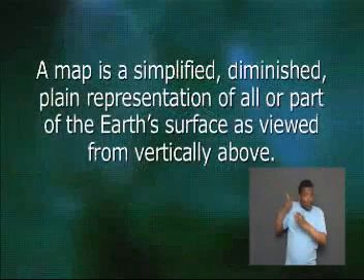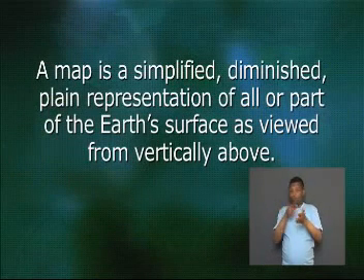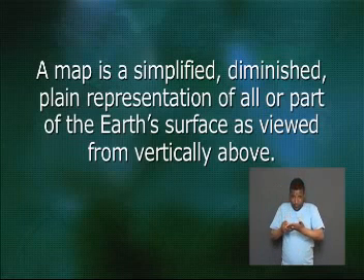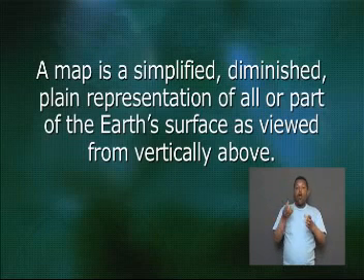Do you remember how to define a map from your studies in previous grades, students? Here is a reminder. A map is a simplified, diminished, plain representation of all or part of the Earth's surface as viewed from vertically above.